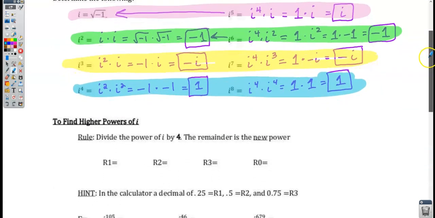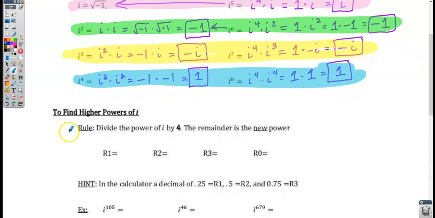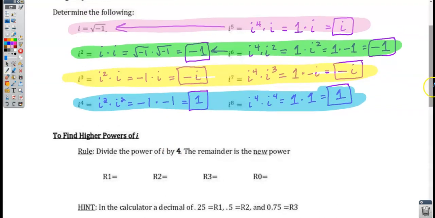And that's going to help us to find the value of significantly higher powers of i. And here's the rule that we're going to go through. If we want to find higher powers of i, we're going to take the power of i and divide it by 4. The remainder will determine the new power. For instance, if I divide i to the fifth by 4, that has a remainder of 1.